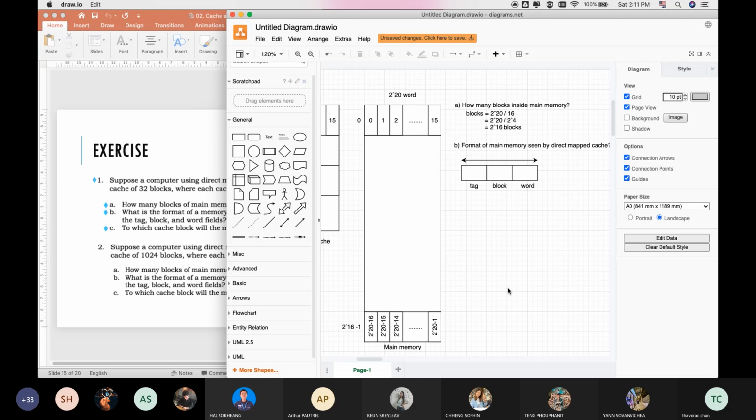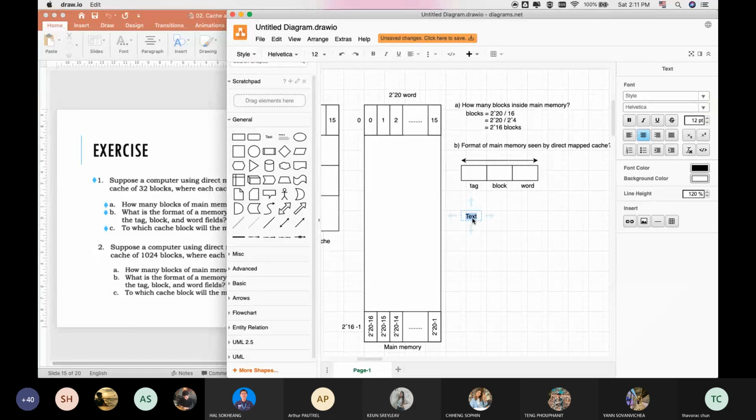How many bits do you need to encode that 2 power 20 words? How many bits? Can you tell me? Let's get some other example.